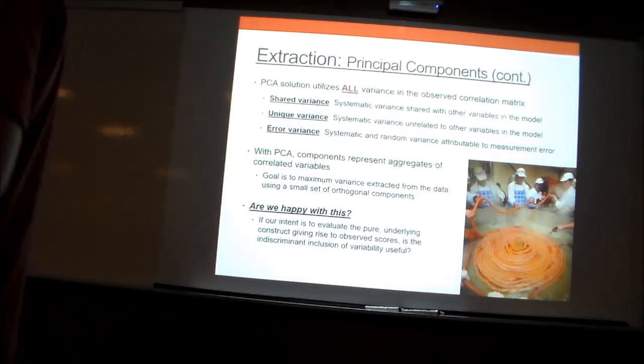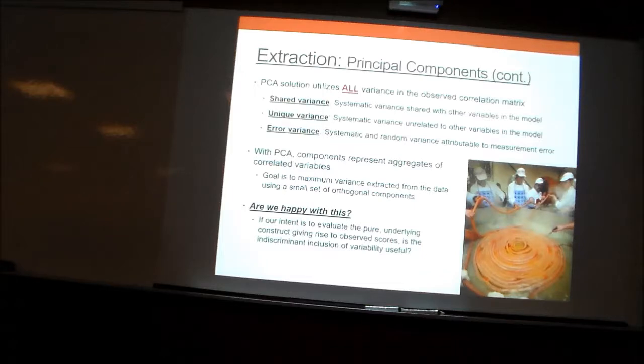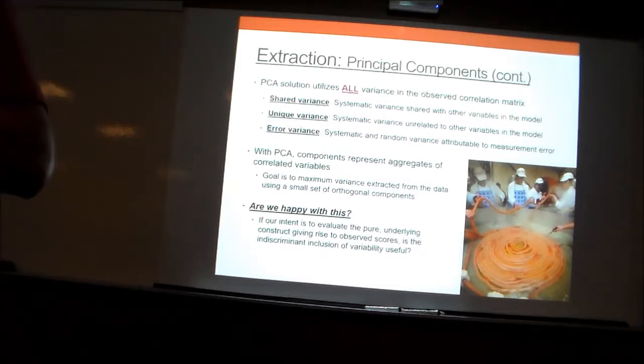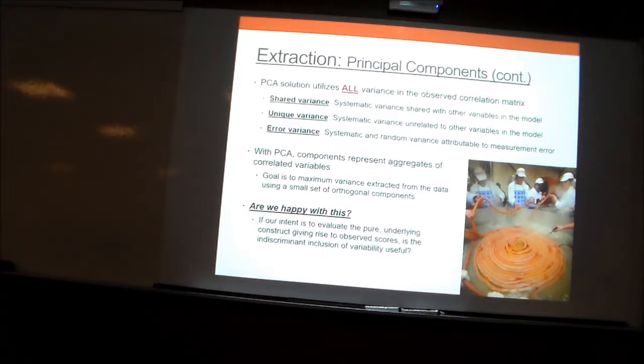Because if there's variance in an item that isn't shared with anything else, or error variance, that can't by definition be part of this underlying factor that's driving things, because I can't have my common factor driving shared variability and also unique variability just for this one item. And so this is the problem with principal components, and one of the reasons why this is not technically a factor analytic technique: we're just looking at components, we're just making sausage here.